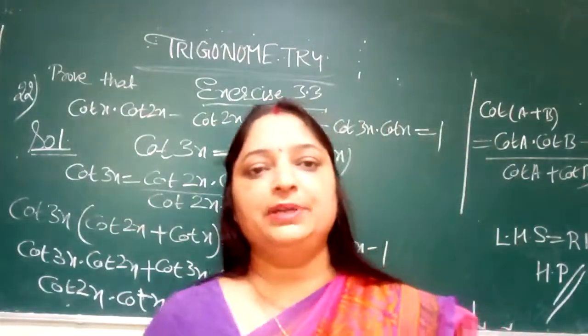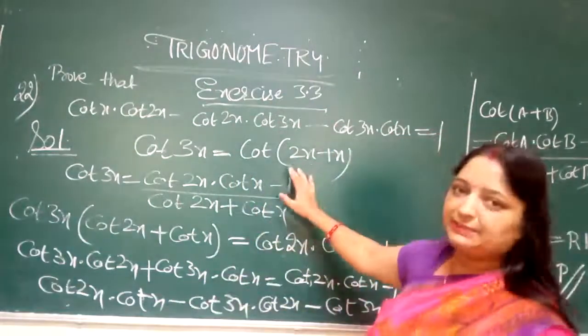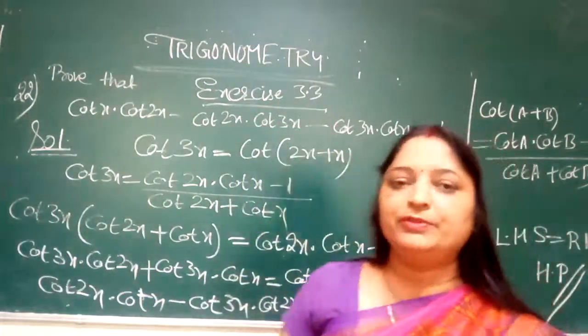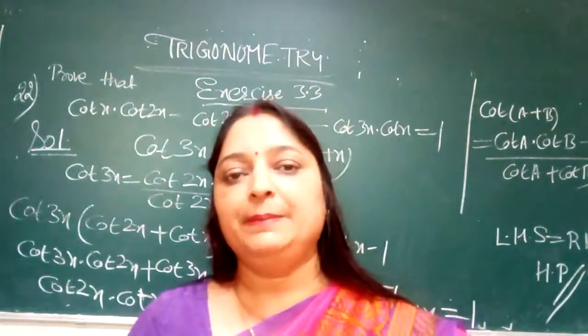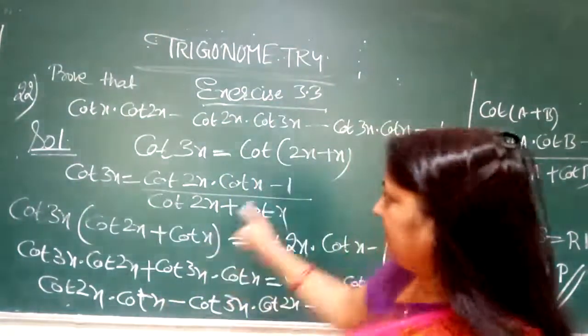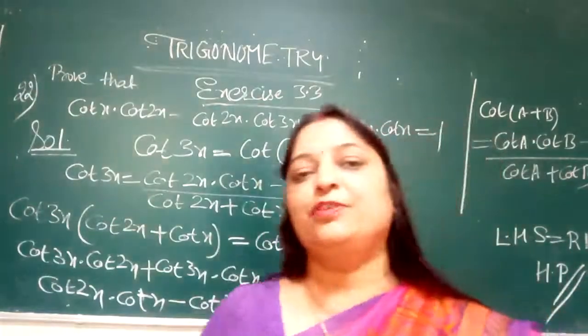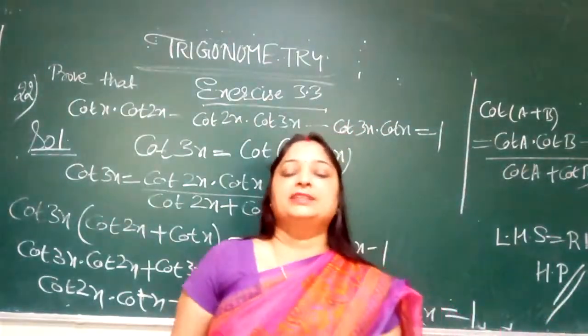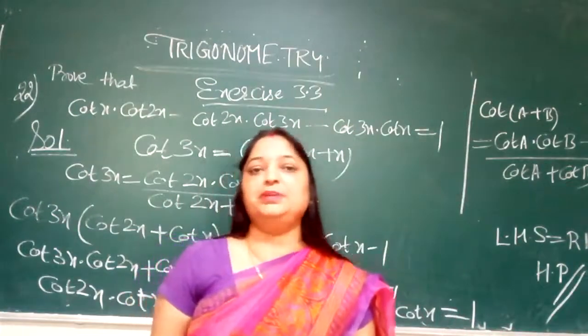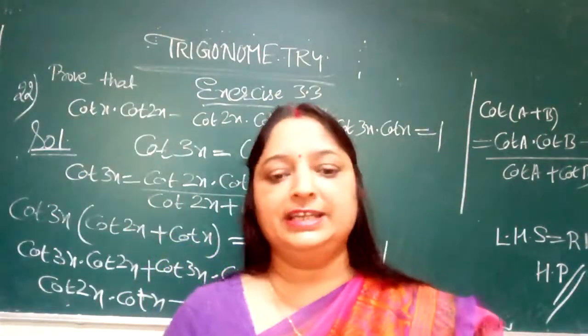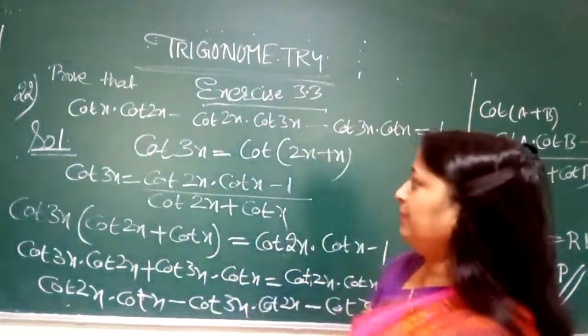That is the example. You can solve that question. Same method is there. In the form of tan you can break tan of a plus b, means tan 3x is there, then you can apply tan of 2x plus x. What is the formula of tan a plus b? That is tan a plus tan b upon 1 minus tan a tan b. So solve that example also.